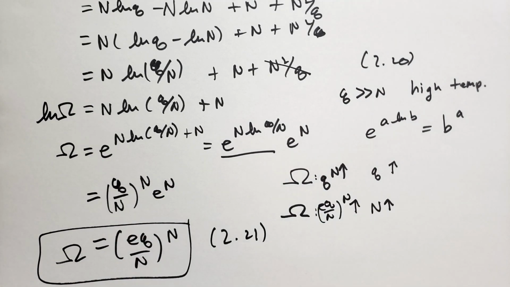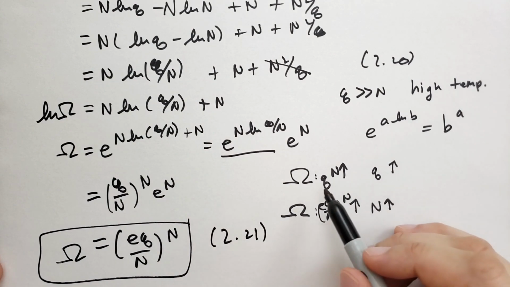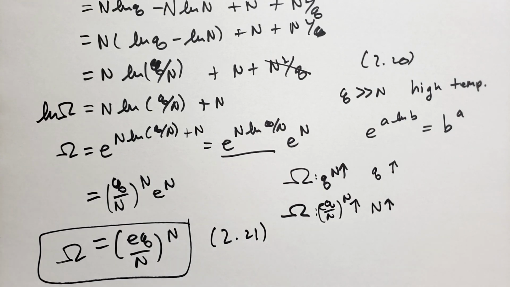You'd think that adding energy to a system would cause the number of ways to allocate that energy to go up, but no, it's actually increasing the number of degrees of freedom that has the hugest effect. Let me put that in a different way here. Increasing the total energy in a system doesn't increase the multiplicity by as much as increasing the degrees of freedom.